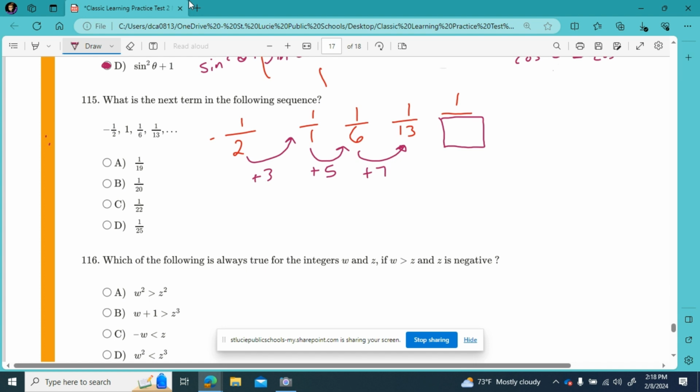And those numbers are in a pattern, 3, 5, 7. So for the next one, what would you add to the denominator, to the bottom? 3, 5, 7, you'd add 9. And 13 plus 9 is 22. So the next number in the pattern is 1 over 22.